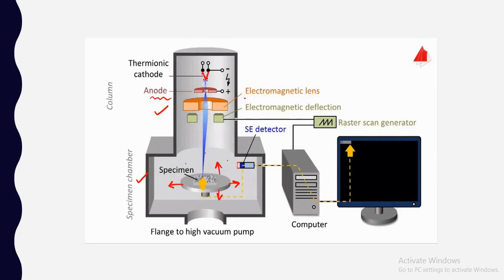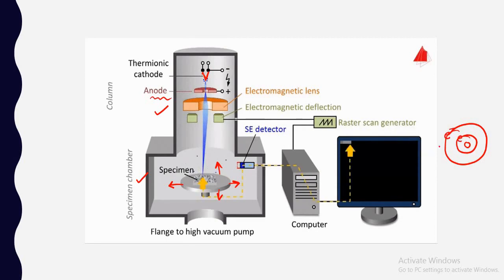Next you have the electromagnetic lens right here, this orange one. It allows focusing the beam of electrons onto the specimen. So when these primary electrons fall on the specimen, specimens are made up of molecules, and molecules are made up of atoms. So when the electron beam falls on the atom right here, this is our atom of the specimen, these are the electrons.